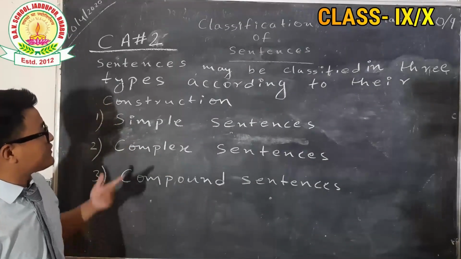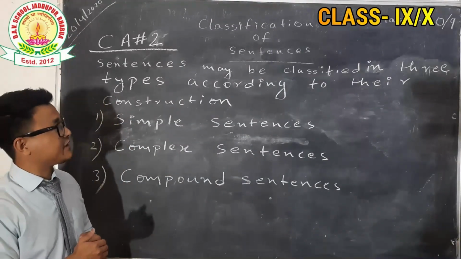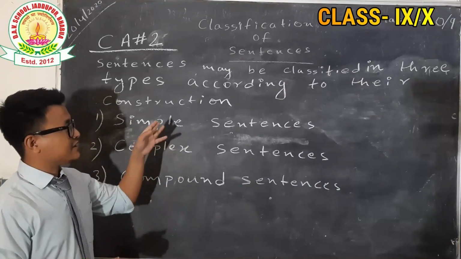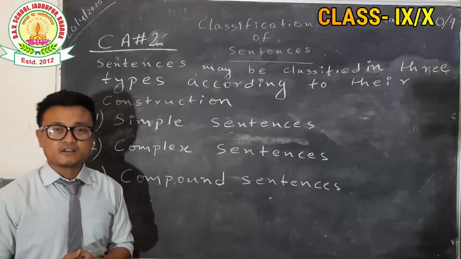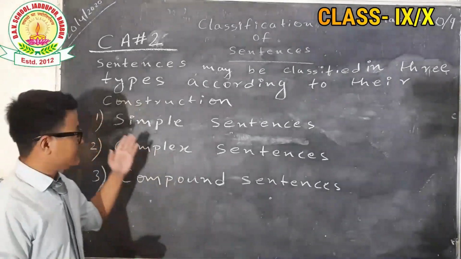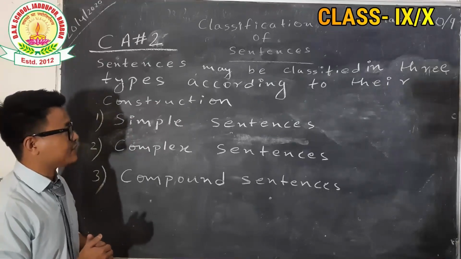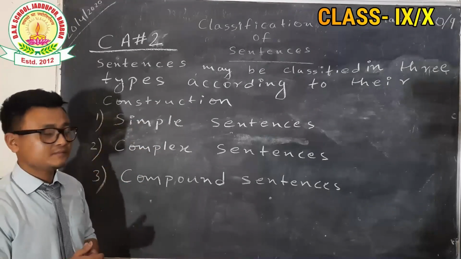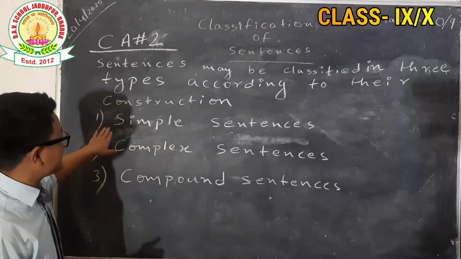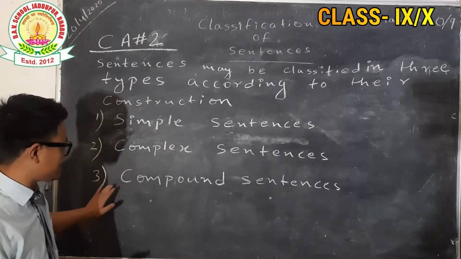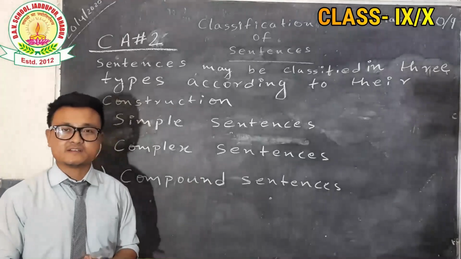Now we are going to discuss classification number 2, which is the classification according to their construction. It has 3 types: number 1, simple sentences; number 2, complex sentences; and number 3, compound sentences.